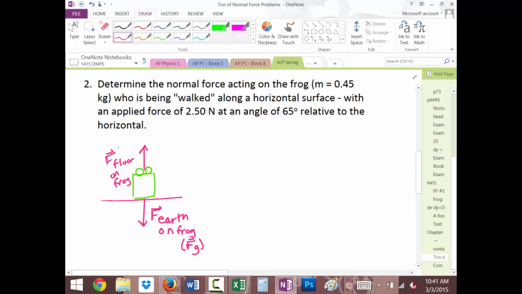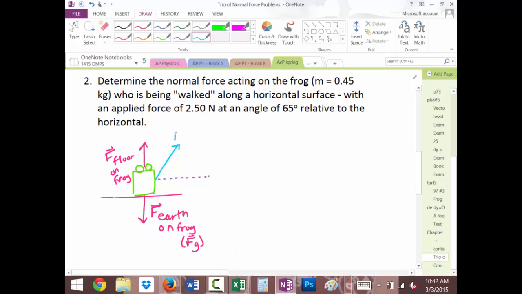Sean Anderson, what do you see? The leash. The leash, right? That's the whole point of the problem. There's the leash acting on the frog. And it's acting at an angle, it says. So I'm going to go ahead and draw it right there. And it says at a 65-degree angle relative to the horizontal. And we are experts from chapter 3 on this. So we know that it's going to look something like that.